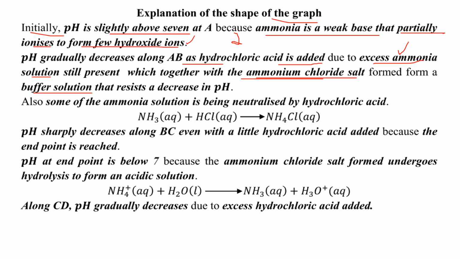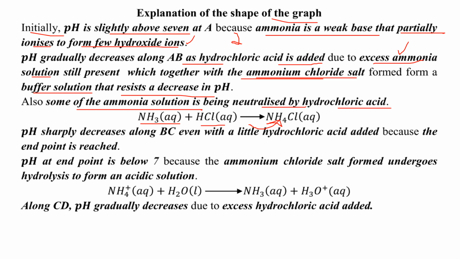And a basic buffer solution is going to resist the decrease in pH, or someone can simply say which resists the change in pH. So continuing, some of the ammonia solution is being neutralized by hydrochloric acid. So ammonia reacts with hydrochloric acid to form ammonium chloride at the same point.